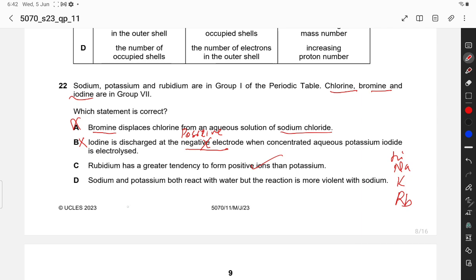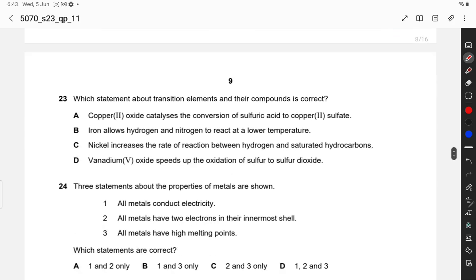Sodium and potassium both react with water, but the reaction is more violent with sodium. No, the reaction is more violent with potassium, because sodium is above potassium and potassium is more reactive than sodium, so it is also incorrect. C option is the correct option.